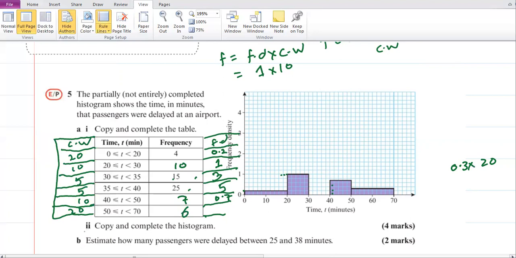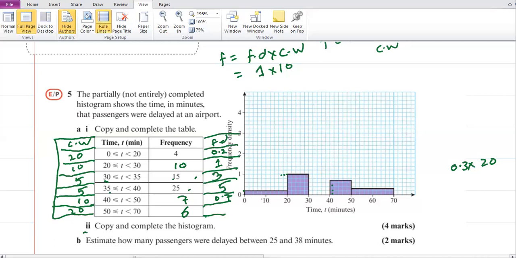Now, the second part is saying copy and complete the histogram. This missing histogram you have to complete. From 30 to 40 it is missing. From 30 to 35 the frequency density is 3, and from 35 to 40 the frequency density is the same, so these two you have to write in between.